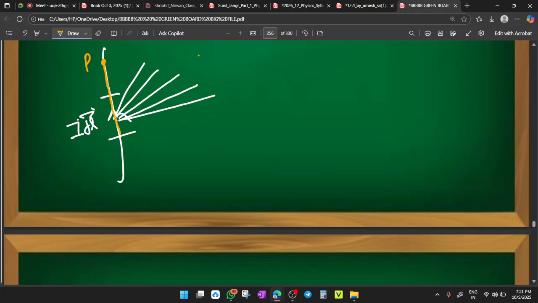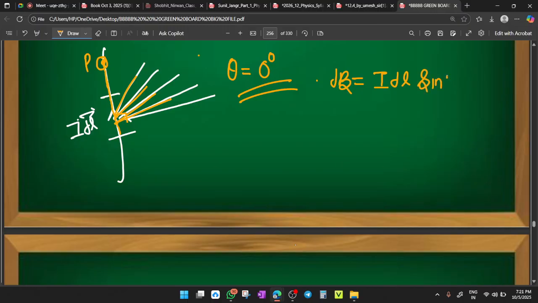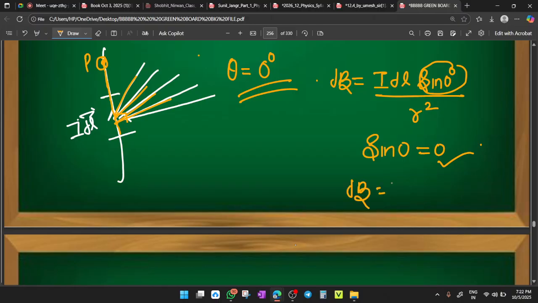If your point comes here, theta equals how much? 0 degree. Previously it was 90, then it continuously decreased. Now the angle comes to 0 degree. Then dB equals I dl sine 0 upon r square. Sine 0 equals 0. So if we place 0, then the intensity equals 0.